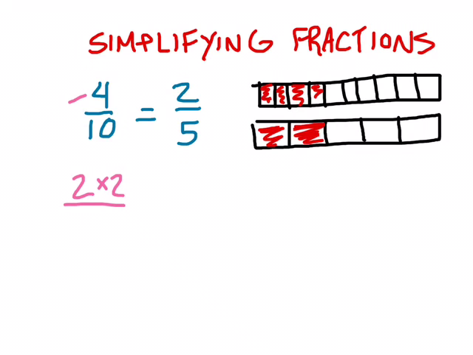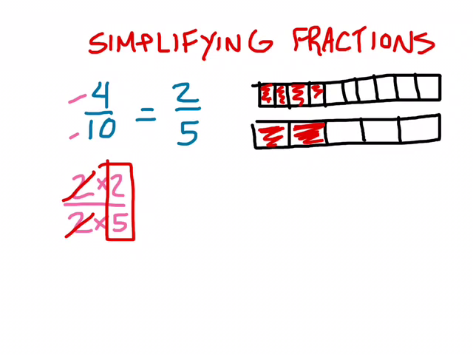And 10 is really like 2 times 5. Well, in a fraction, anytime I see 2 numbers that are the same, so in this case I can see that there's a 2 and a 2, those are common factors. And it's always okay to eliminate common factors in the numerators and denominators. So if I remove these, I get to my simplified fraction, 2/5.